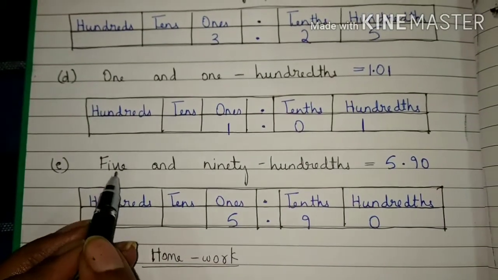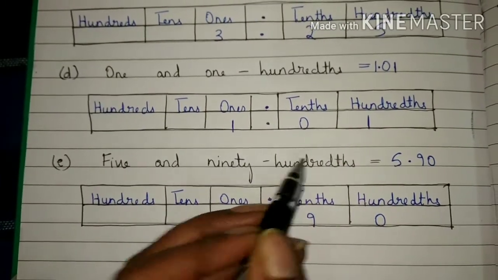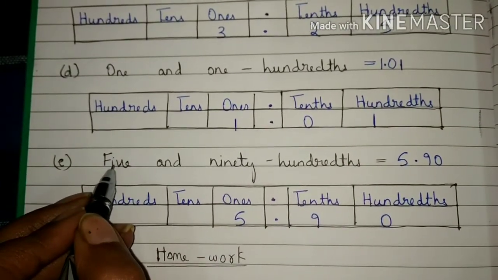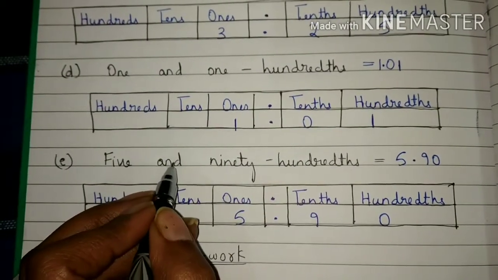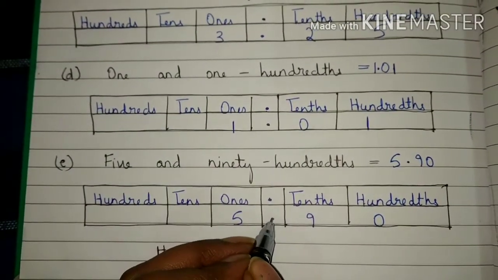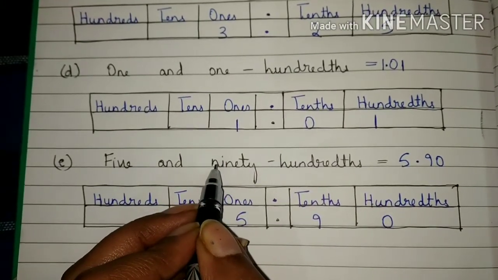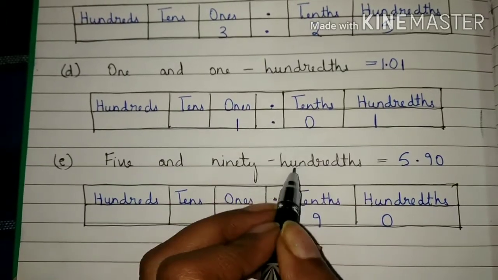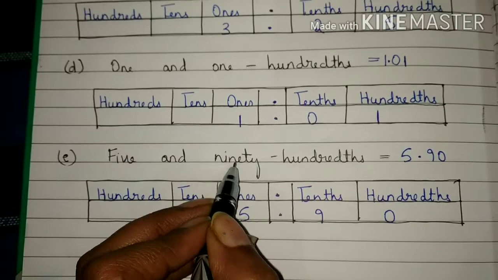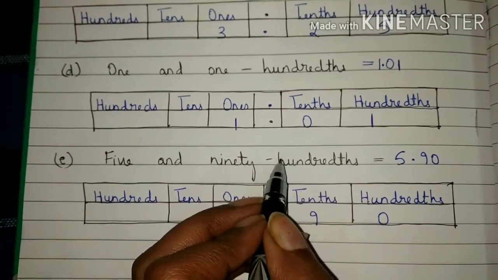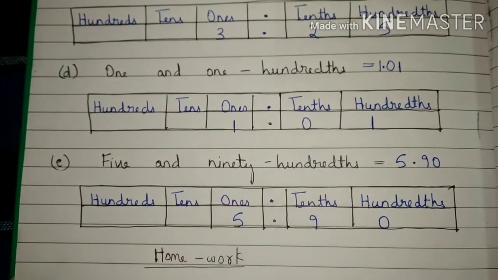Question is 5 and 90 hundredth. Students, for 5, you will write 5 at ones place. For and, you will put a decimal point here. Now students, here number name is 90 hundredth. Students, 90 means 90. And here place is hundredth.